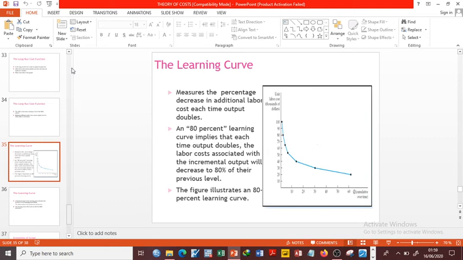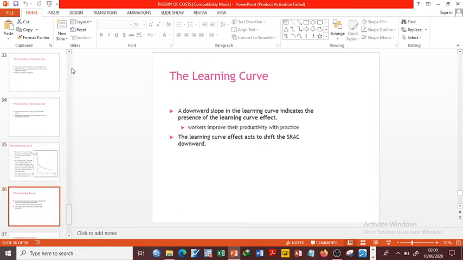So the learning curve shows us that relationship: if we doubled output, by what percentage would the additional input, in this case labor, reduce? So that's all about the learning curve, right?